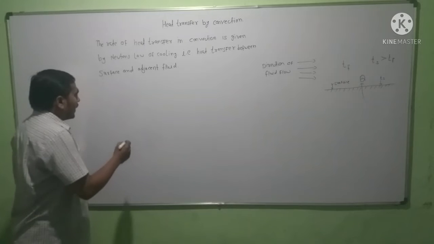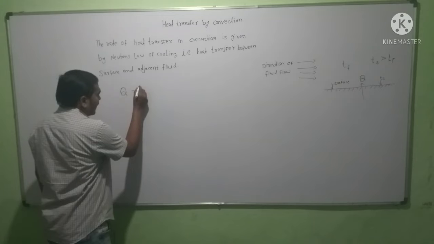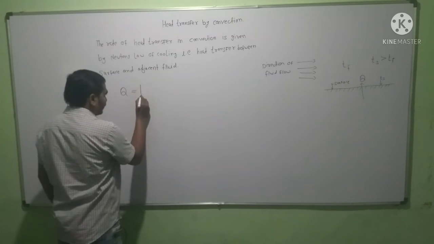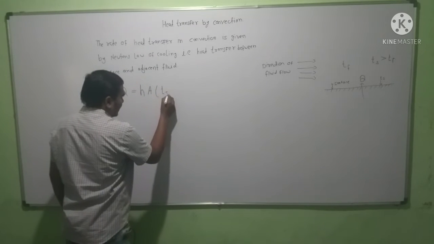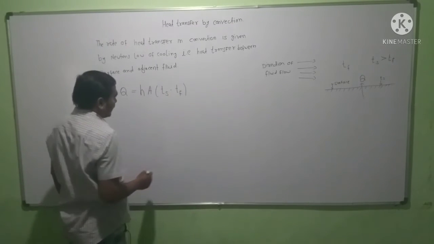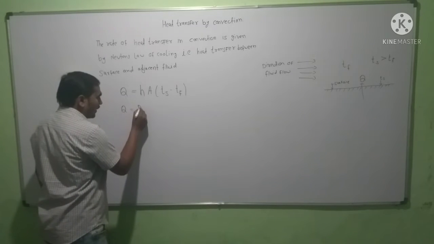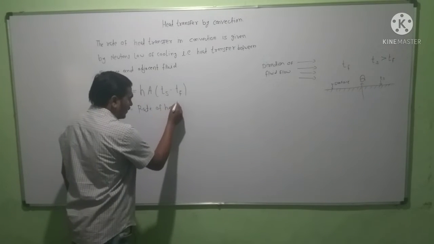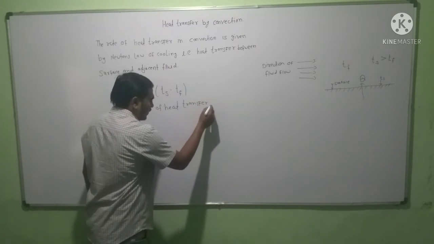Friends, we should know the rate of heat transfer in convection mode of heat transfer is given by H into A, Ts minus Tf. Whereas Q is nothing but the rate of heat transfer in watt.